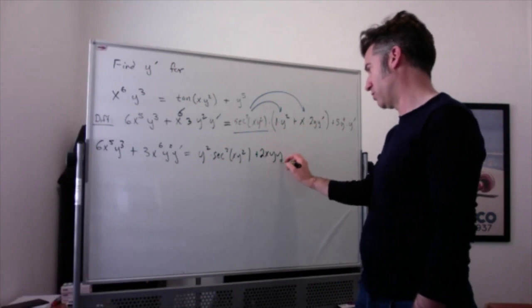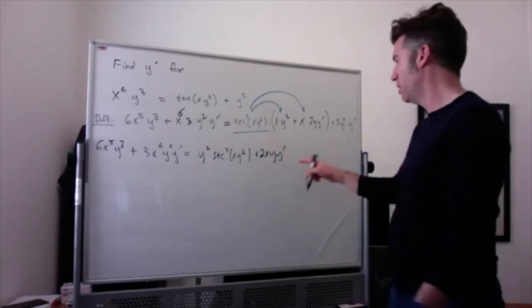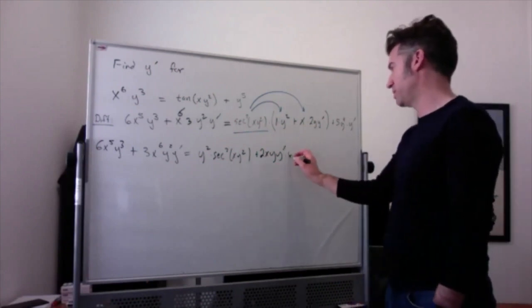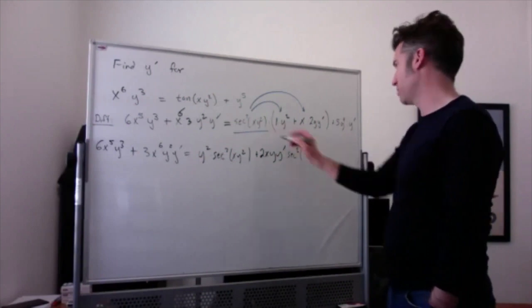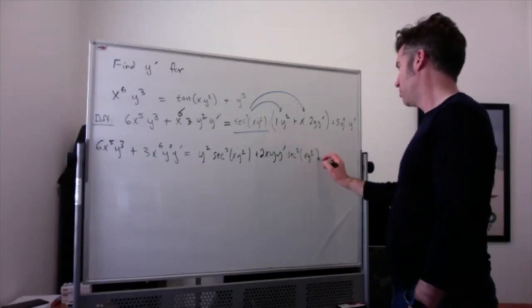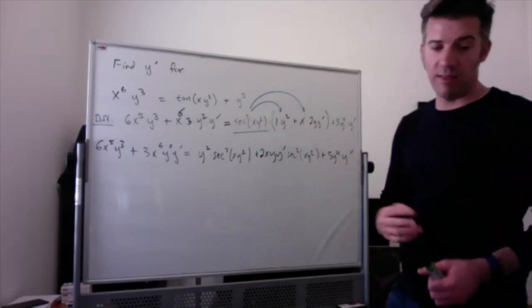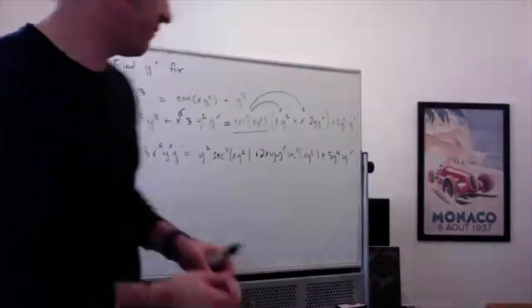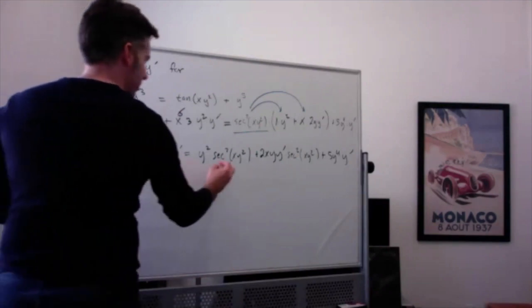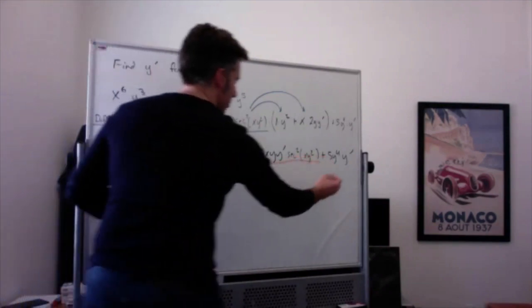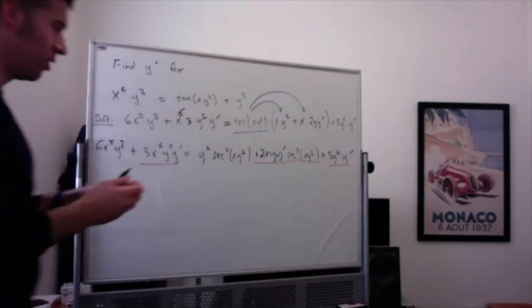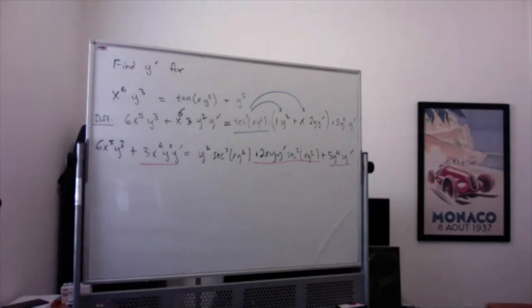It's also standard to write constants before other things. So 2xy y prime times secant squared of xy squared, plus 5y to the 4th y prime. Then we identify all the things that have a y prime. Those 3 things have a y prime, the other 2 do not.